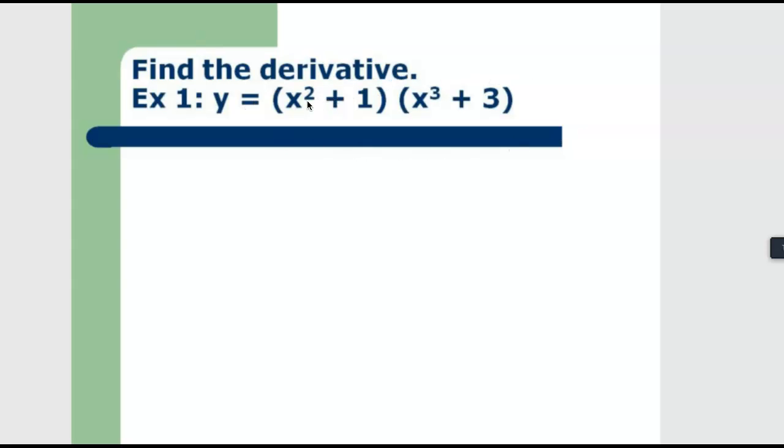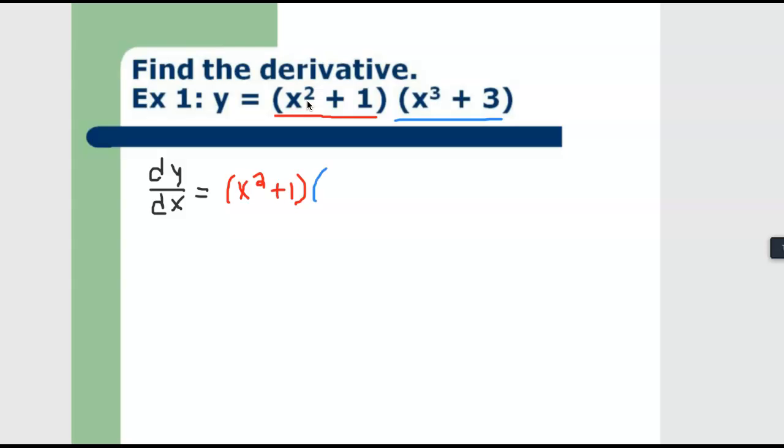So let's apply the product rule. We will call x squared plus 1 the first, or f of x. X cubed plus 3 is the second, or g of x. So the derivative dy dx is equal to the first, so we simply rewrite x squared plus 1, times the derivative of the second.